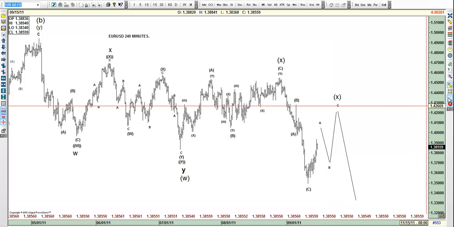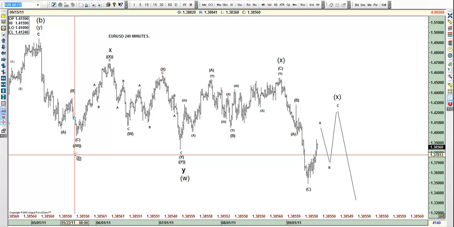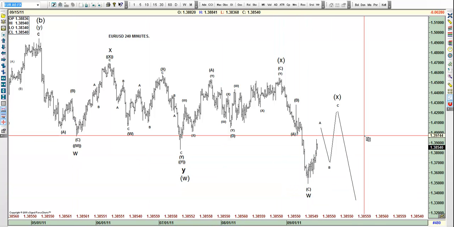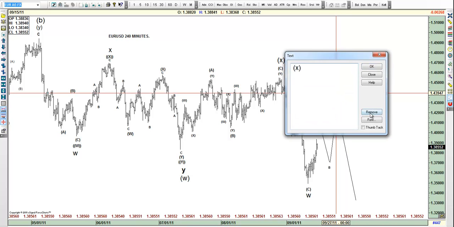At the end, it's almost the same result. It's dollar bearish, but it makes a little more sense with the dollar index, and that's the case where we are right now.